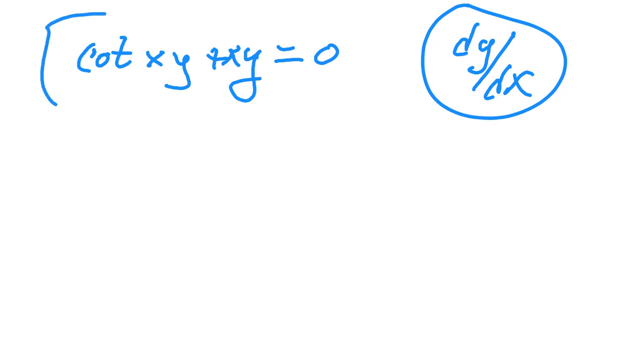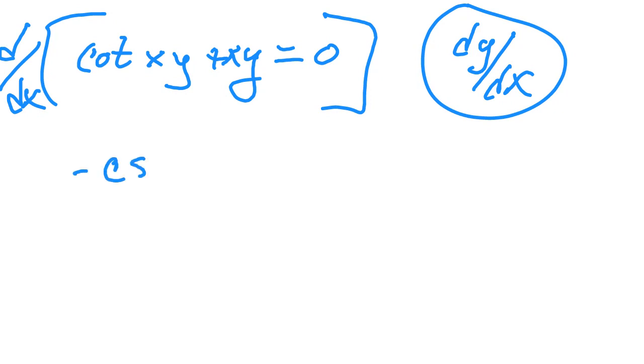So really what you're doing is taking the derivative with respect to x of both sides. In this case, the derivative of cotangent, like the derivative of tangent is secant squared, is minus cosecant squared of xy, but then times the derivative of what's inside.